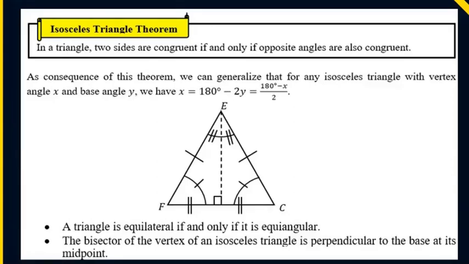And here is the triangle that we have. A triangle is equilateral if and only if it is equiangular. The bisector of the vertex angle of an isosceles triangle is perpendicular to the base and bisects it at its midpoint.